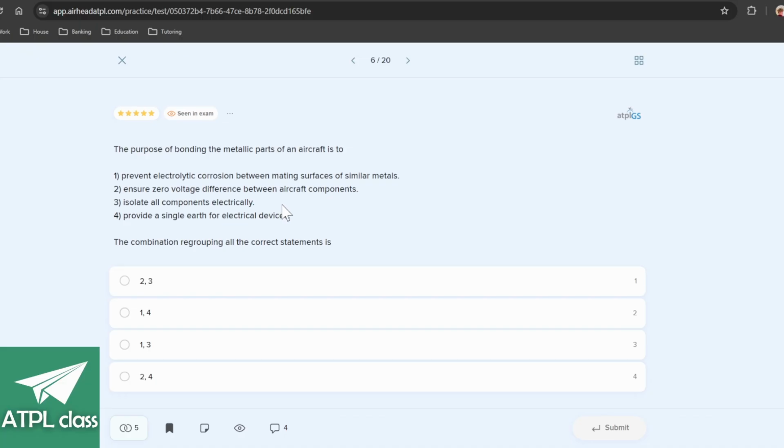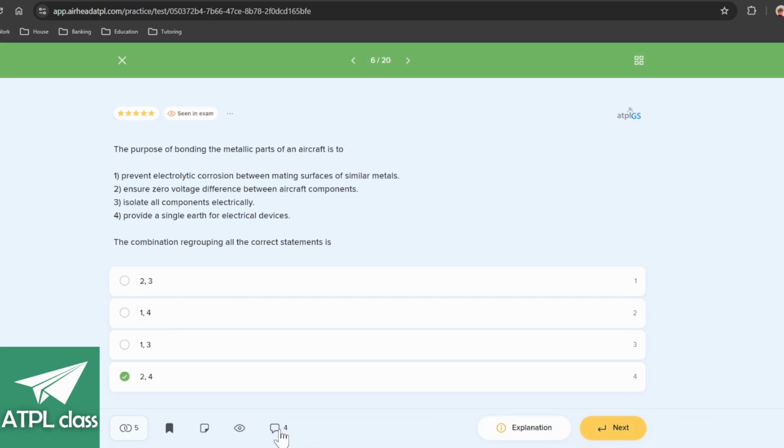No, we're not isolating them. We're making sure that they're all sort of one. And 4, provide a single earth for electrical devices. So I'm going to say 2 and 4. 2 and 4, which is correct.